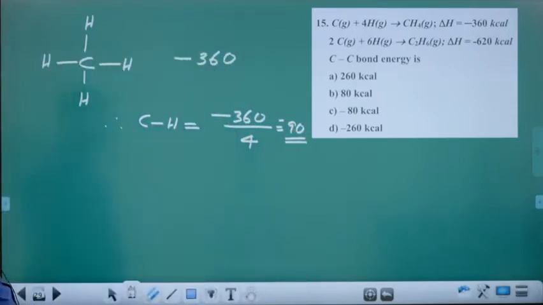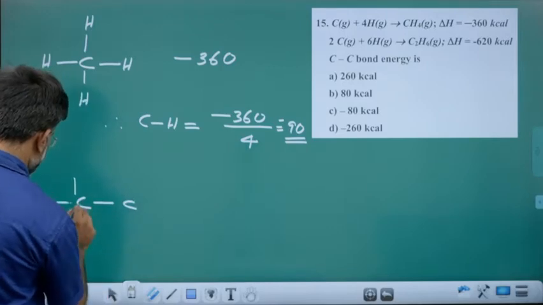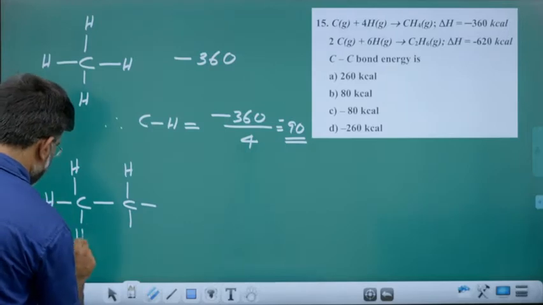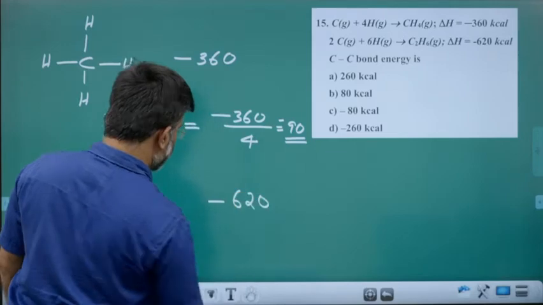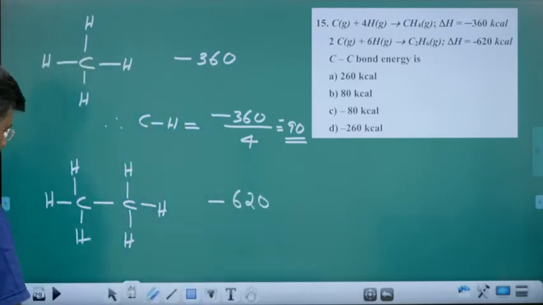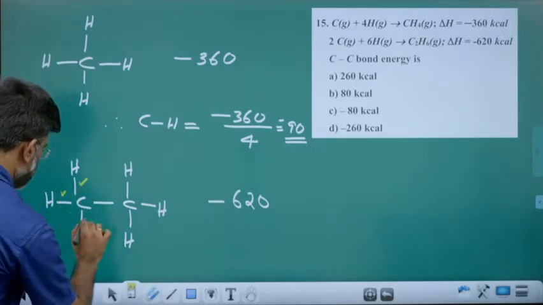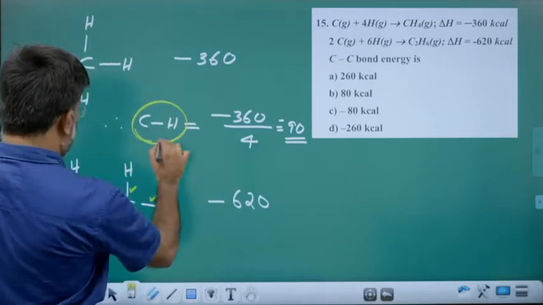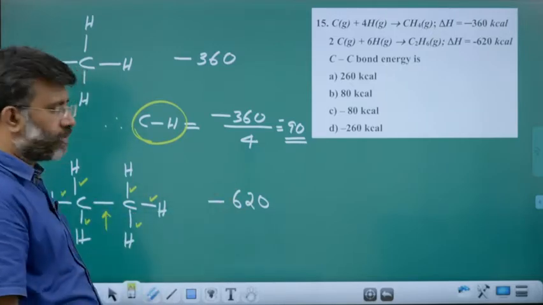Okay. Now, the second one. 2 carbon plus 6 hydrogen, C2H6. That means for the formation of this molecule, the data is minus 620. That means carbon hydrogen bonds 1, 2, 3, 4, 5, 6. 6 carbon hydrogen bonds plus 1 carbon carbon bond is equal to 620.